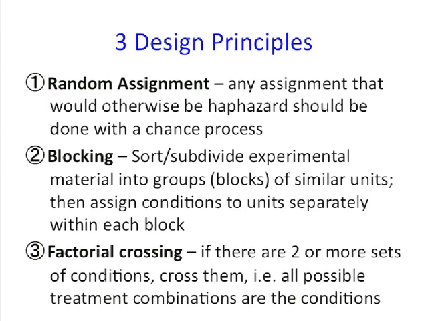So that's when you think that there's a particular factor that might influence the response. And so if you can then divide your units up into groups that are similar according to this factor, and within each subgroup, you see all of the different treatments or all the different conditions.